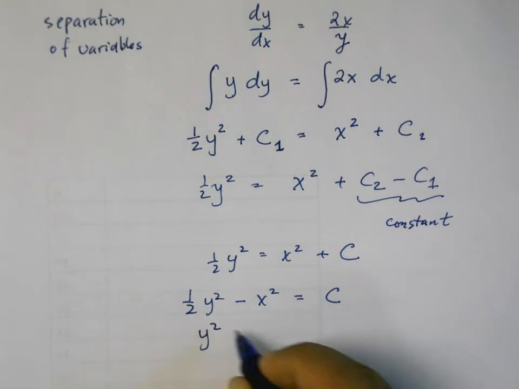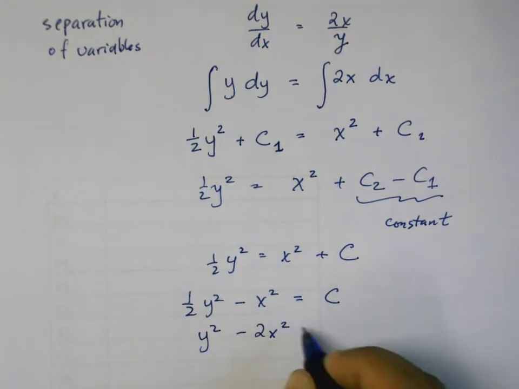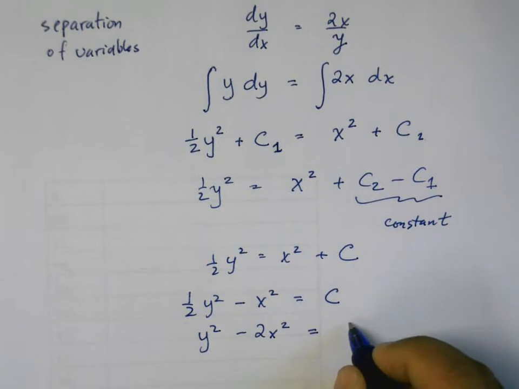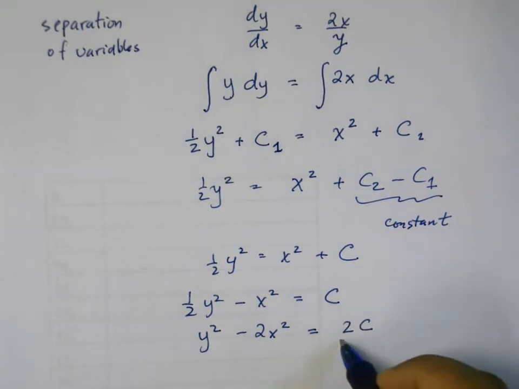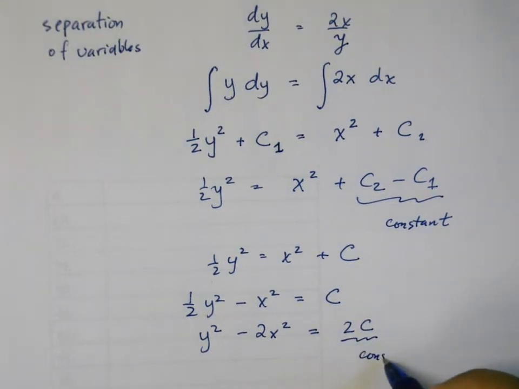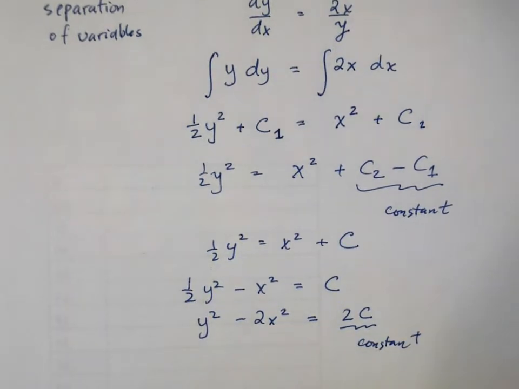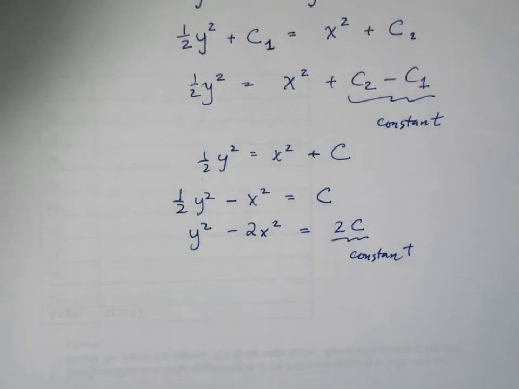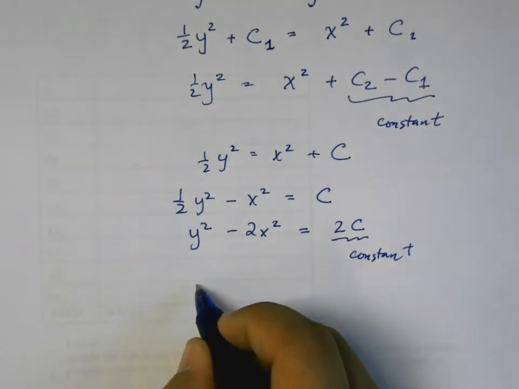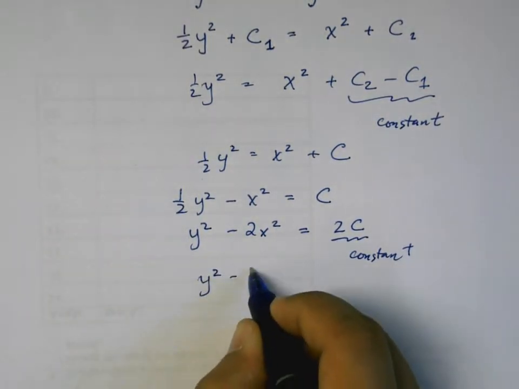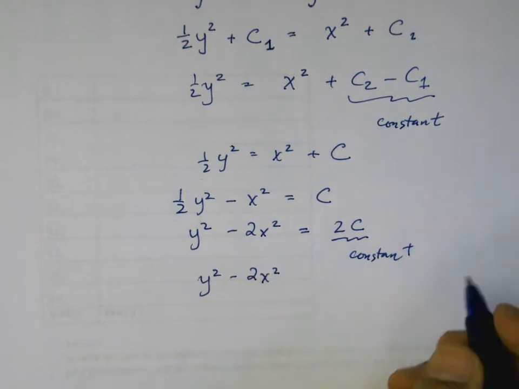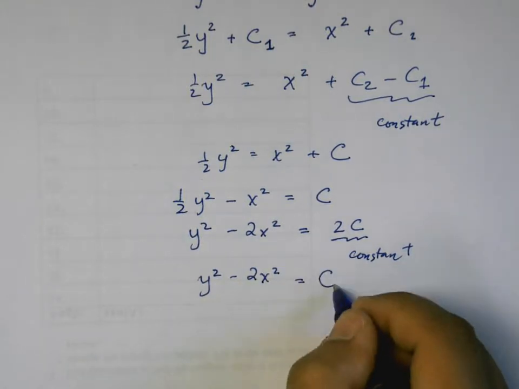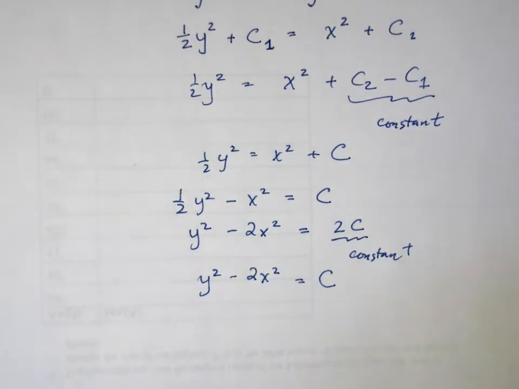So that's going to give me y squared minus 2x squared equals 2c. But again, this is still a constant. Okay. So then anytime I have a complex constant, I'm just going to combine it and make it into a simpler version. So my final answer will be y squared minus 2x squared equals big C, or some constant.